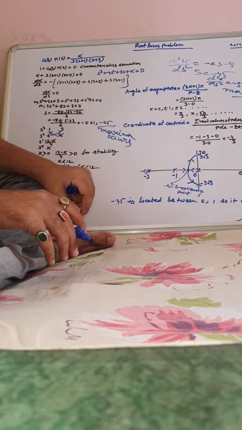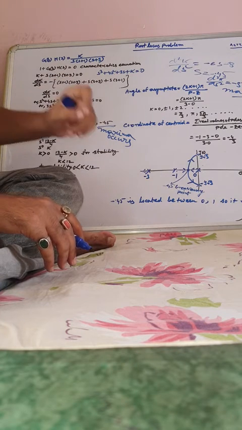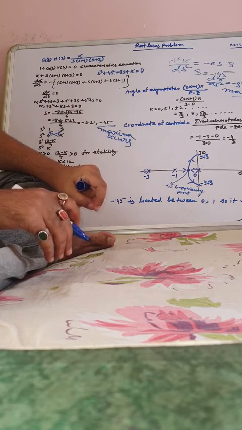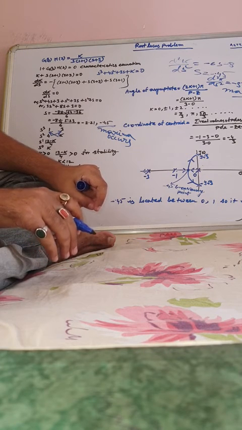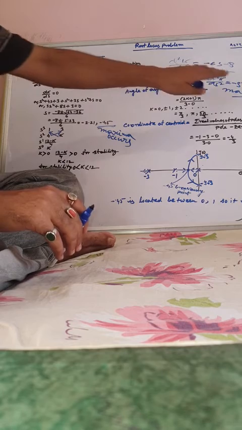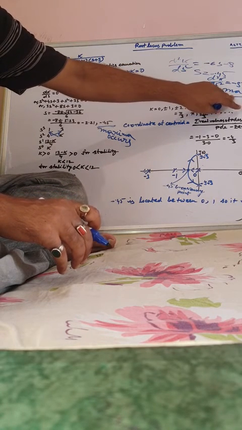Okay? Have you understood everything regarding your breakaway point? At the breakaway point, maxima occurs, that means del 2k by del s square should be less than 0.